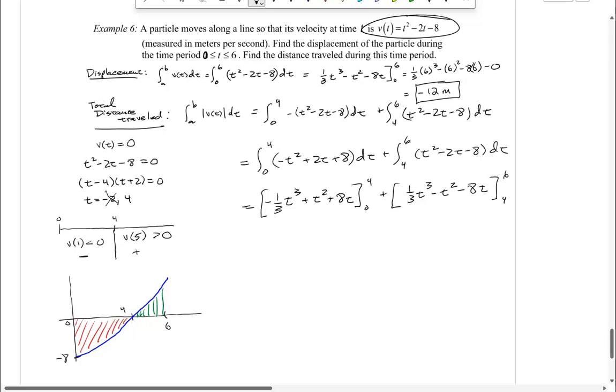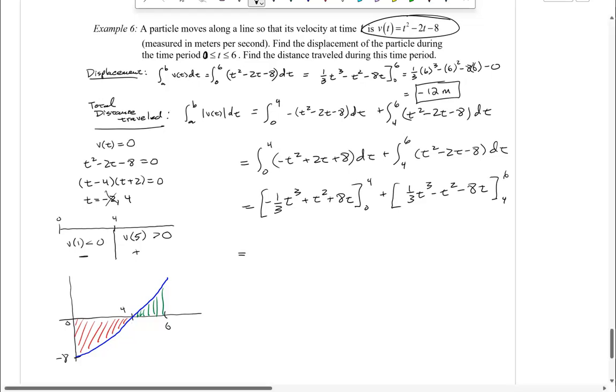At this point, you might want to pause the video and double check that I did my antiderivatives correctly. We should always be checking our antiderivatives before we move on. I think it's in pretty good shape.